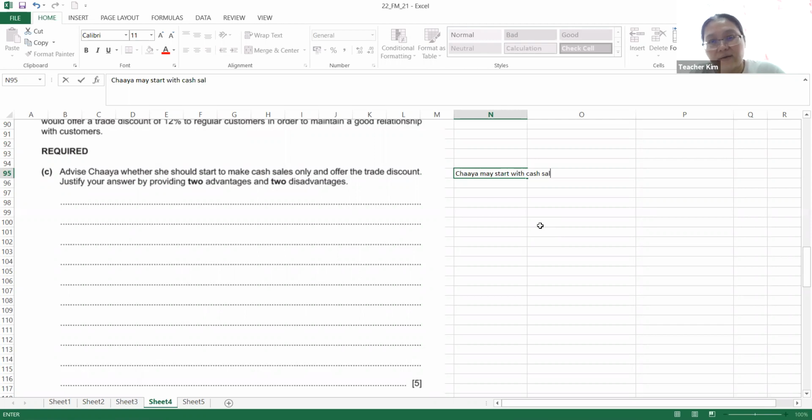with cash sales and offer the trade discount because it helps her cash flow.